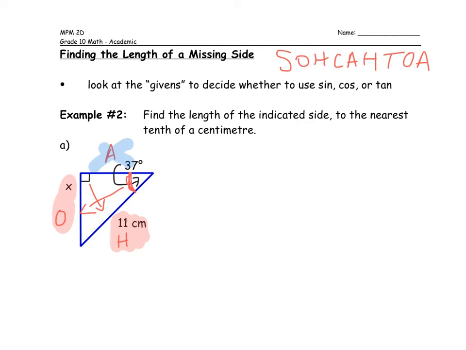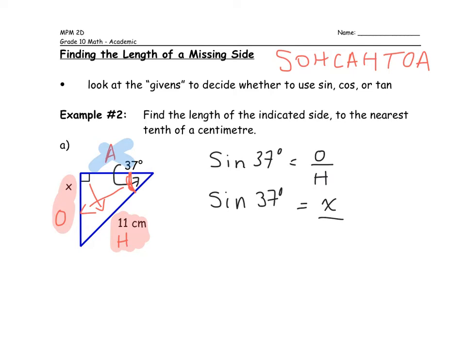So now that I know that sine is involved, the sine of 37 degrees is going to be equal to the length of the opposite side divided by the length of the hypotenuse. I'm going to carry on here. Sine of 37 degrees is equal to the length of my opposite. I'm calling that x. That is my unknown.